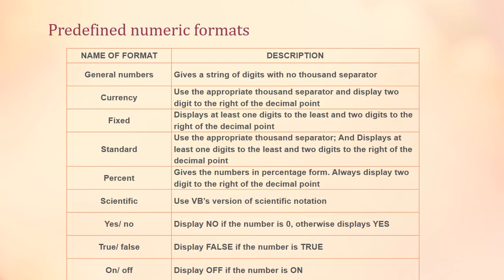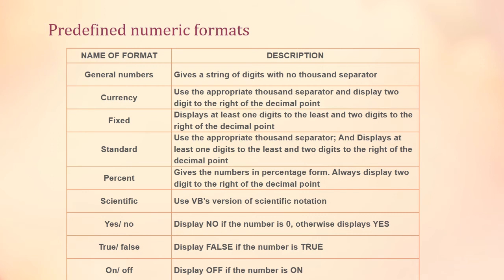Predefined numeric formats. We have several predefined numeric formats which we can use for formatting. Some of them are General Number, Currency, Fixed, Standard, Percent, Scientific, Yes/No, True/False, and On/Off. According to the situation, we can use these numeric formats.